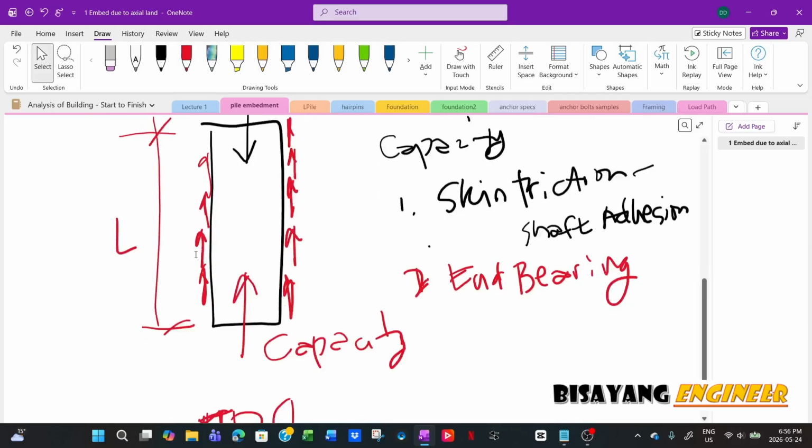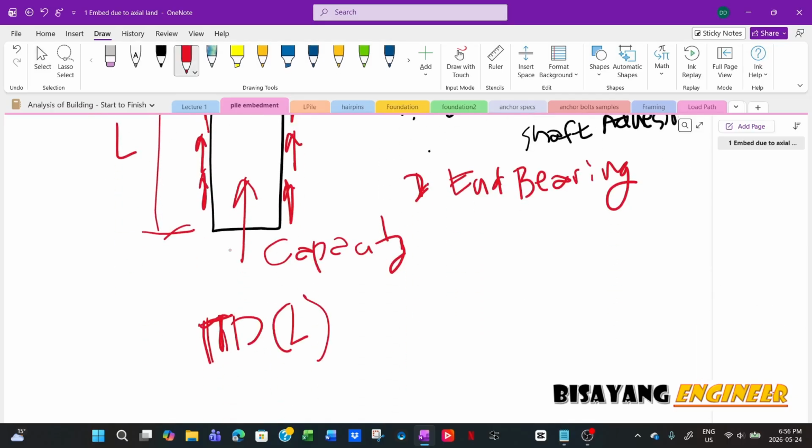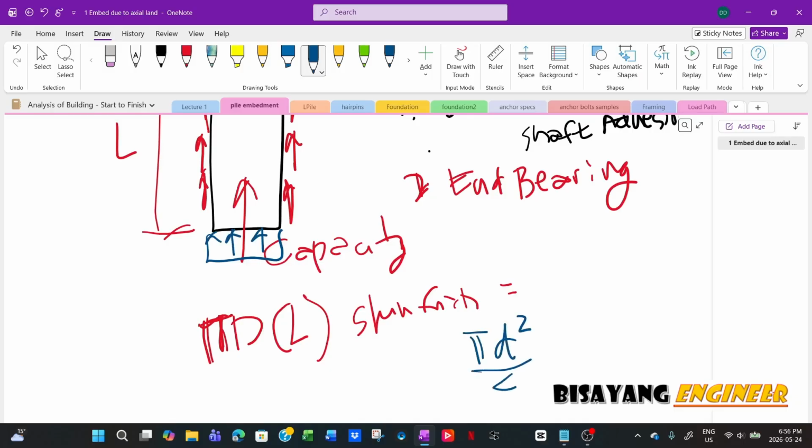So that's your surface area, pi times d times L, and then times the skin friction. And then in end bearing, of course, that is your pile area, which is pi times d squared over 4, times bearing capacity.